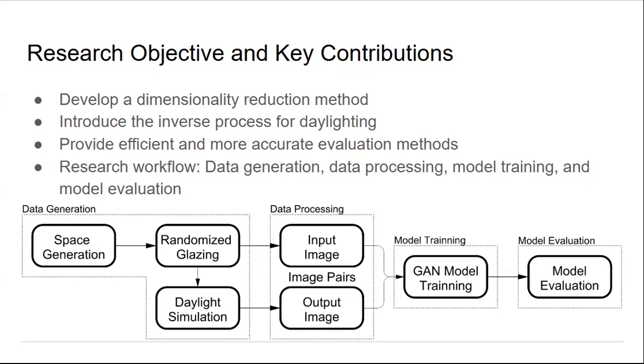We have also designed an efficient, more reliable and accurate evaluation method to isolate relevant data, improving evaluation accuracy. Here's our workflow diagram, which consists of data generation, processing, model training, and evaluation.